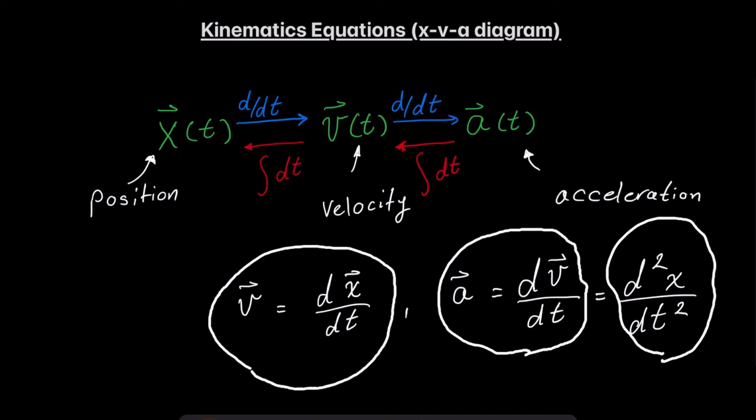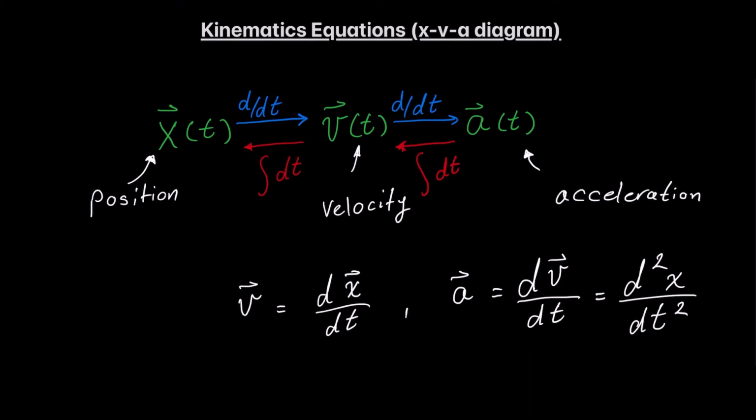Two of the main kinematics equations, which are basically definitions, come from this XVA, the blue colored arrows: going from x to v by taking the time derivative of x with respect to t, and going from v to a by taking the time derivative of v with respect to t, or the second time derivative of x with respect to t.